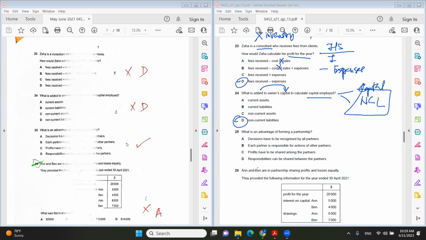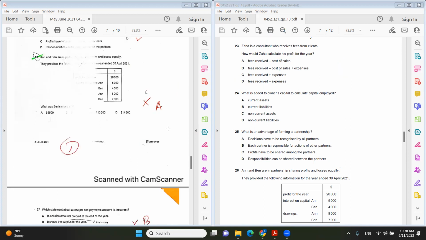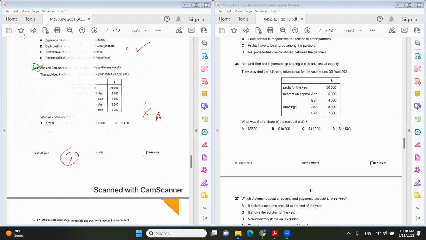Okay, 26. N and B are partners. They share profit and loss equally. They provide the following information. Okay, let me go down first. The profit sharing is equal. They ask what was the bank's share of the residual profit?